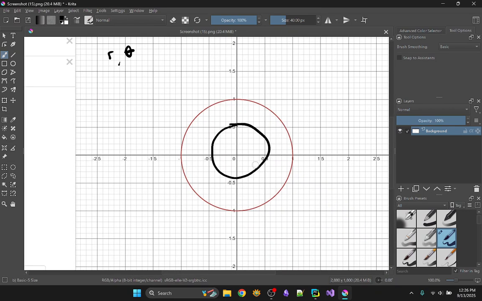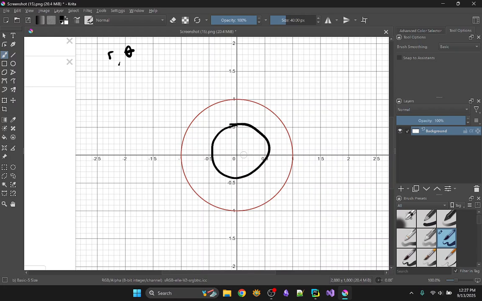So when the radius is whatever this radius is, we want it to have a probability of 0.5 of choosing a point in this smaller circle. And every point that is in this smaller circle has a radius that is less than the radius of this smaller circle.